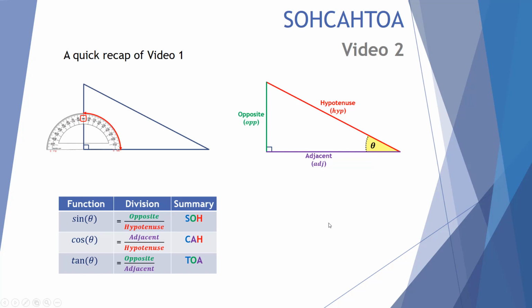We looked at the division or ratios that we use to calculate the three functions of sine theta, cos theta, and tan theta. And they're based on the ratio of sine of the angle theta is equal to the opposite side length divided by the hypotenuse. And those three letters give us the acronym SOH. Cosine of the angle theta is equal to the ratio of adjacent side length over the hypotenuse side length.